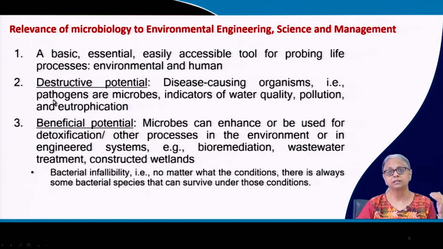These algal cells are also microbial organisms, and they bring down the water quality. So why do they grow? They grow because there are excessive nutrients in the water, and that leads to eutrophication, and it lowers water quality. Okay, so we'll be spending some time on some of these destructive aspects of microbial organisms.